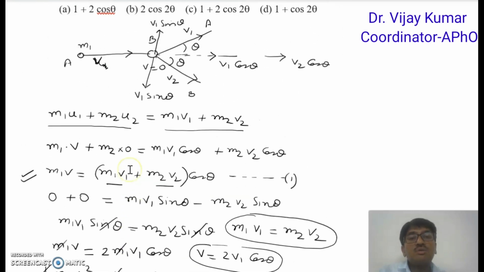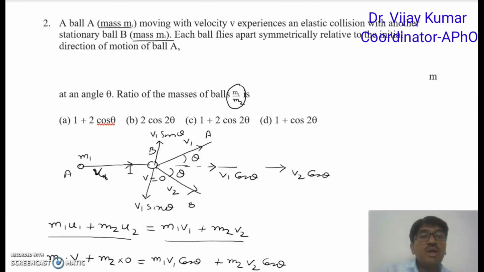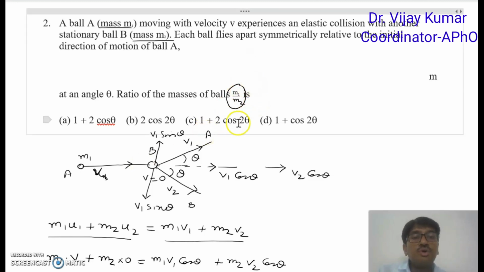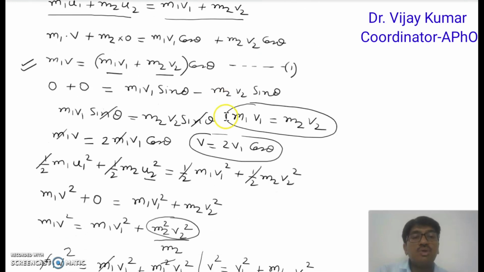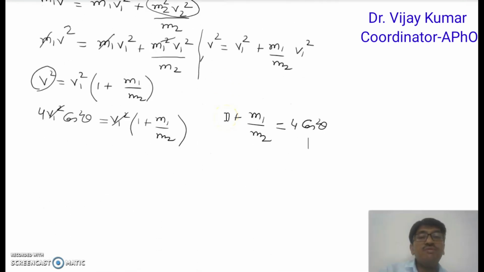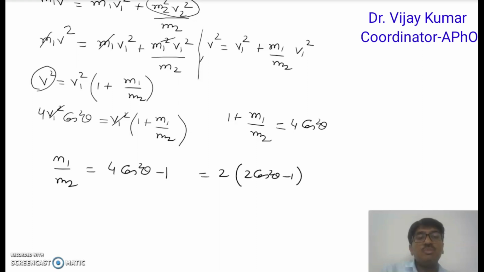In this question we have to determine m1 upon m2, which we have shown in this circle. So m1 upon m2 equals 4 cos square theta minus 1, and we can write it as 2 times 2 cos square theta minus 1, and it becomes minus 2, so we have to add 1.